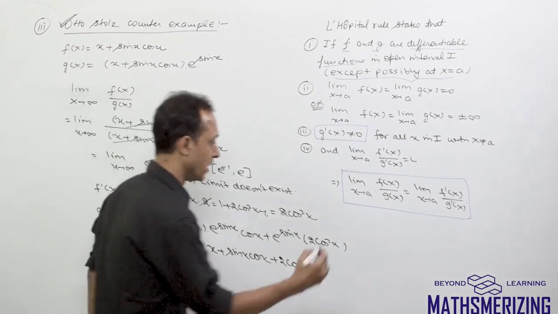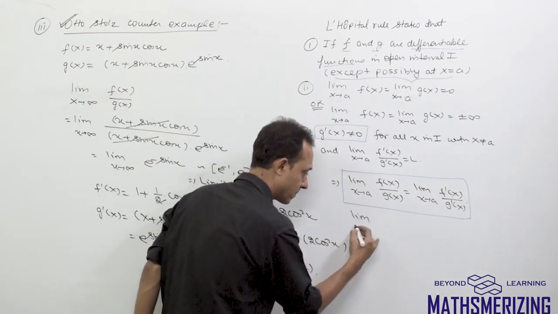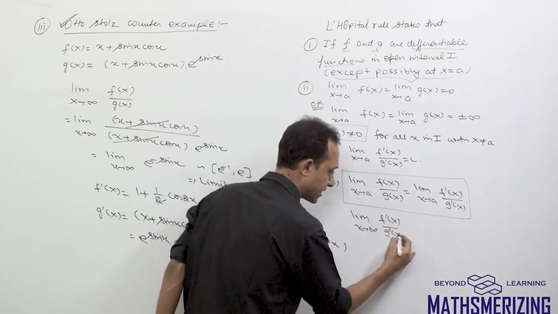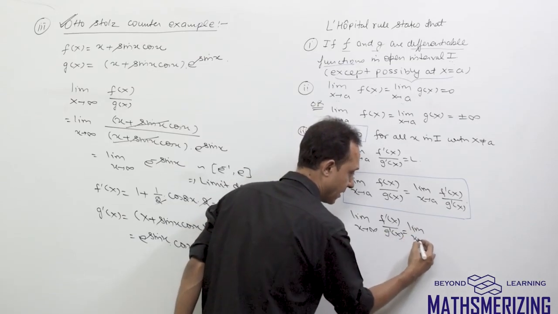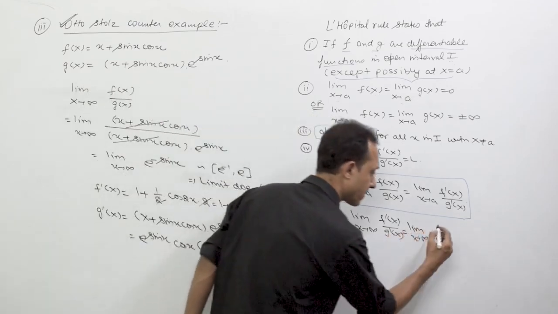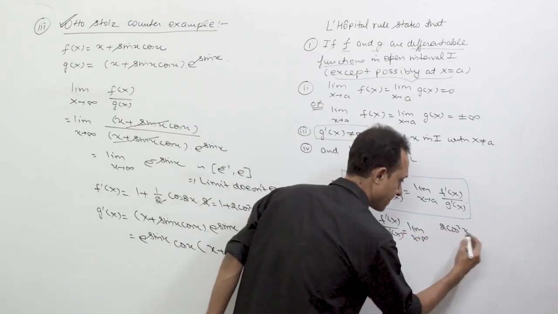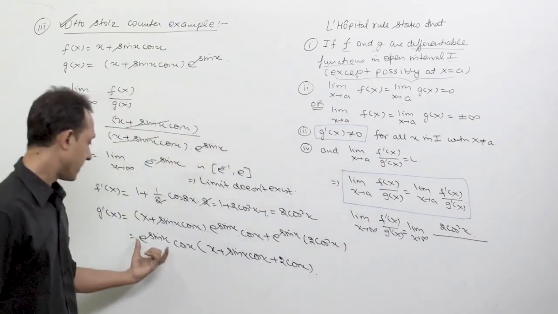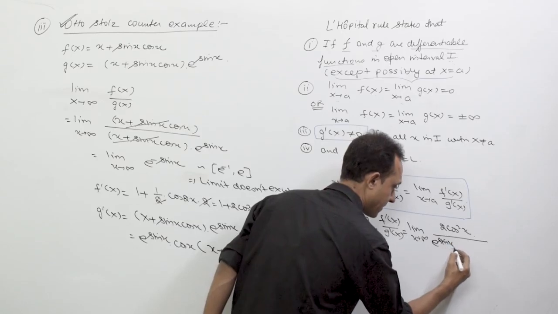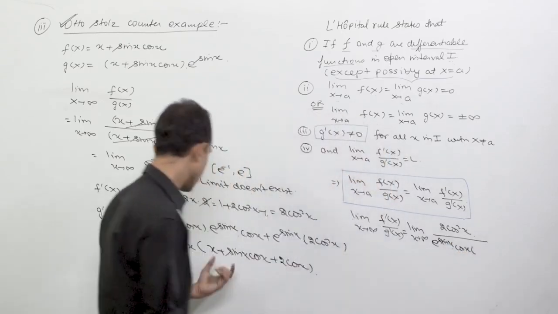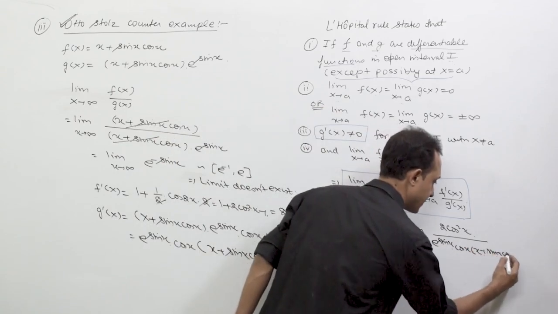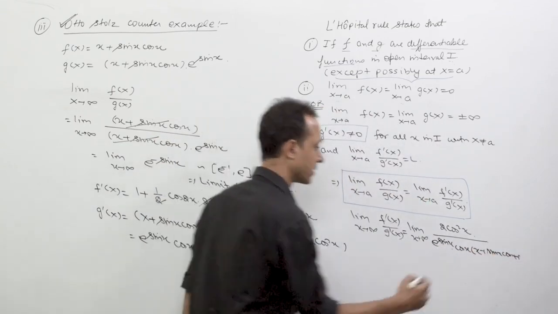Now I'll find this limit, which is limit x tends to infinity f dash x upon g dash x. This limit will be limit x tends to infinity, f dash x is 2 cos square x, and then here it will be e to the power sin x into cos x, and here will be x plus sin x into cos x plus 2 cos x.